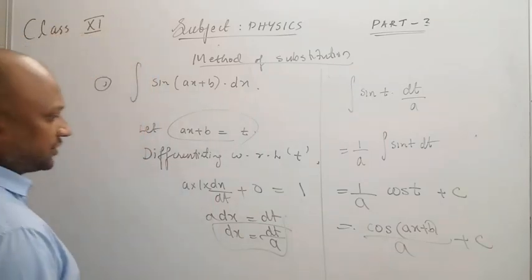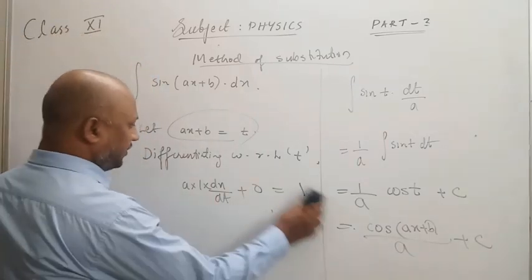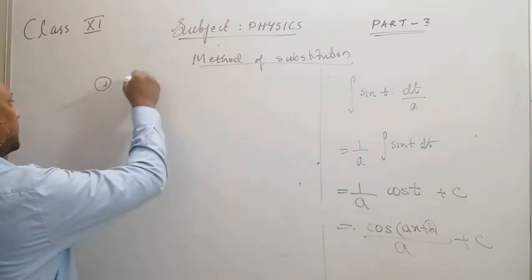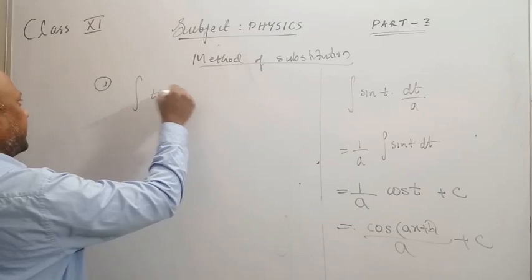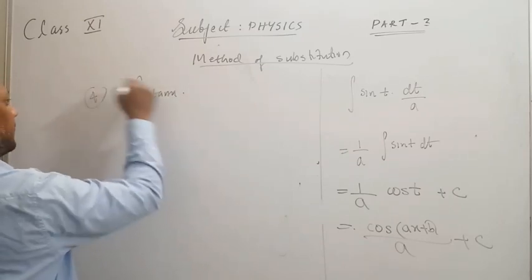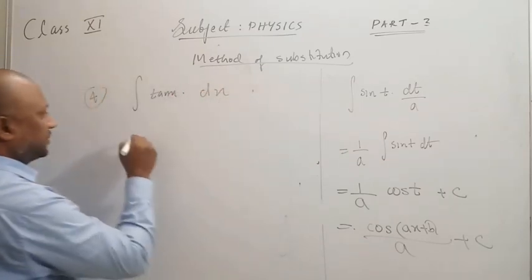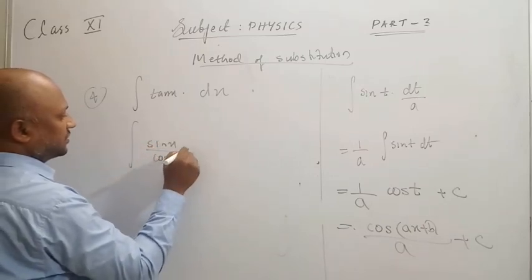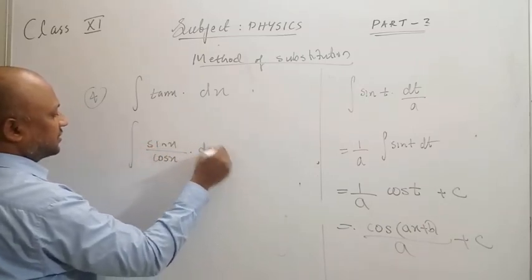I can even tell you some complicated method of substitution. Suppose tan x dx is there. So how to do this question? Integration sin x upon cos x dx.